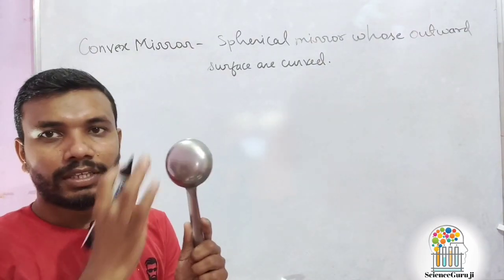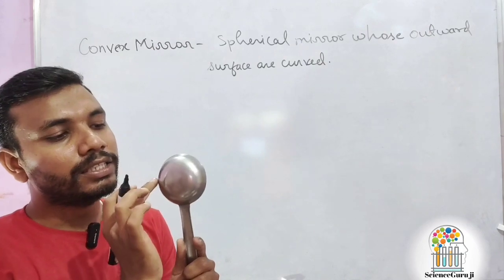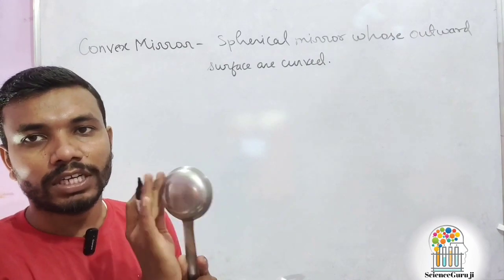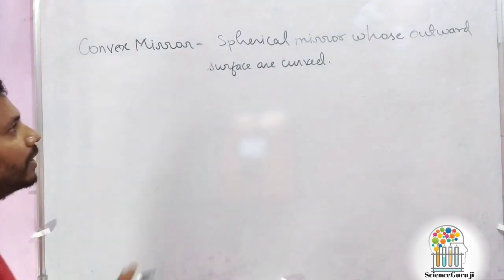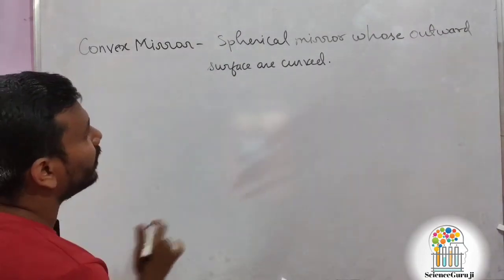Just see it like this: their surface is curved outwardly. So this type of mirror is known as a convex mirror.